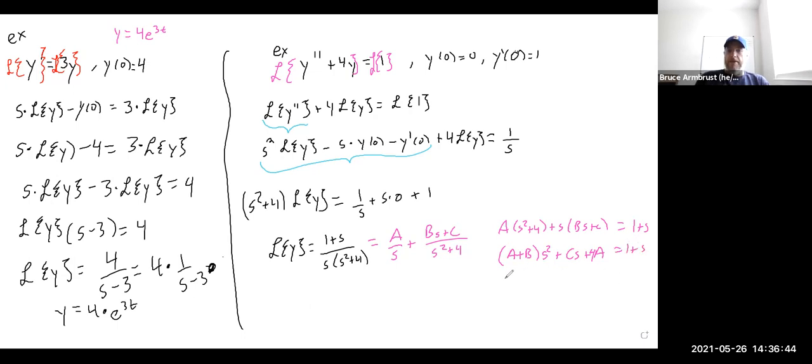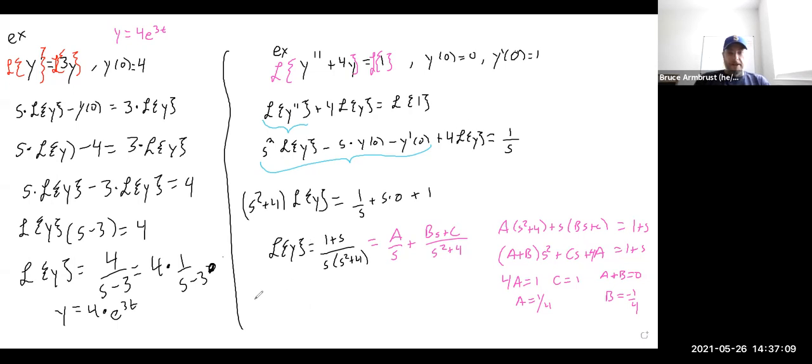All right, so let's just start putting this together. That tells us 4a equals 1, c has to equal 1, and a plus b has to equal 0. So we have a equals 1/4, c equals 1, and b equals minus 1/4.